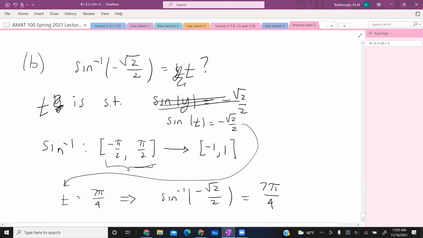No. It's not going to be 7 pi over 4. That's the point we want, but we want to use negative angles now. So t is actually going to be equal to negative pi over 4. So that implies that sine inverse of negative root 2 over 2 is negative pi over 4.